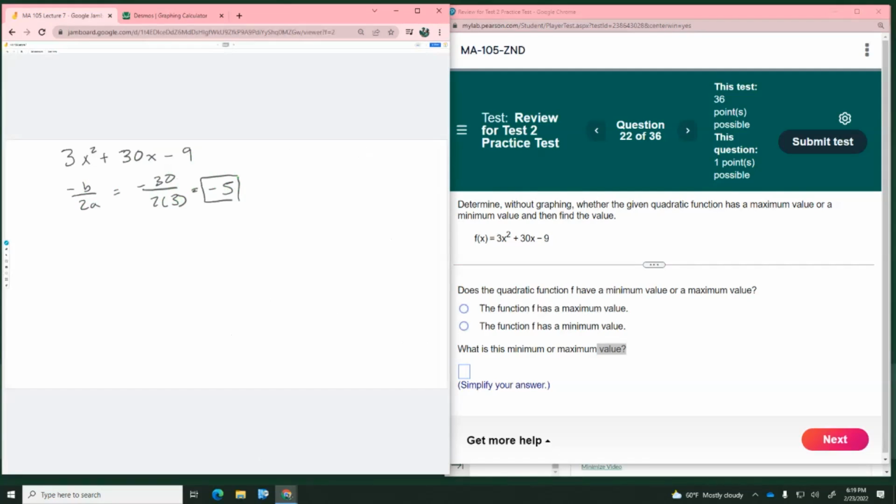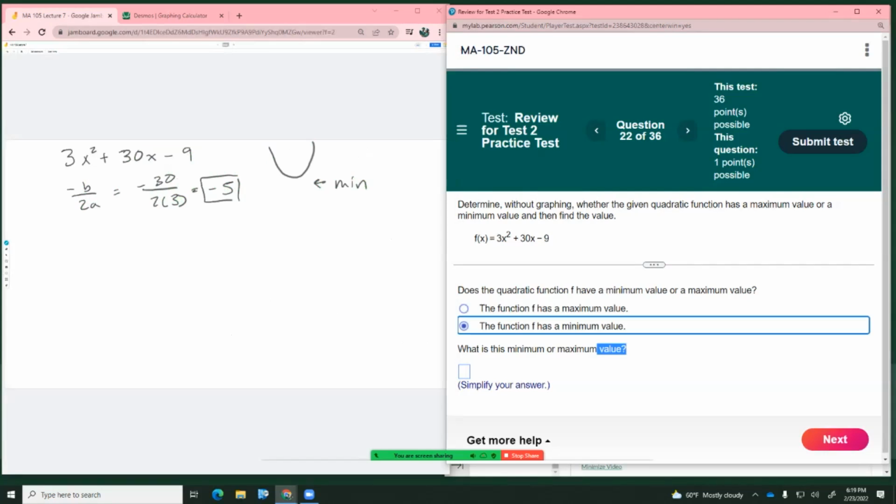But it's opening upwards, which means it's going to have a minimum value. The minimum value is 3 times negative 5 squared plus 30 times negative 5 minus 9.